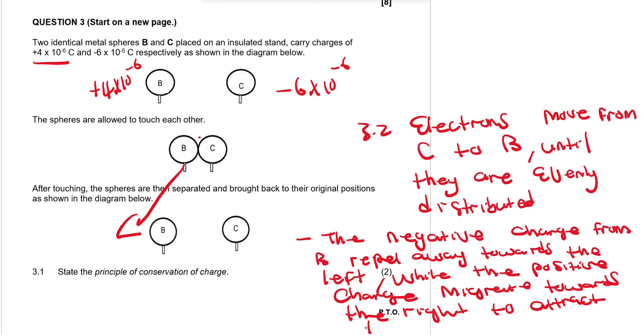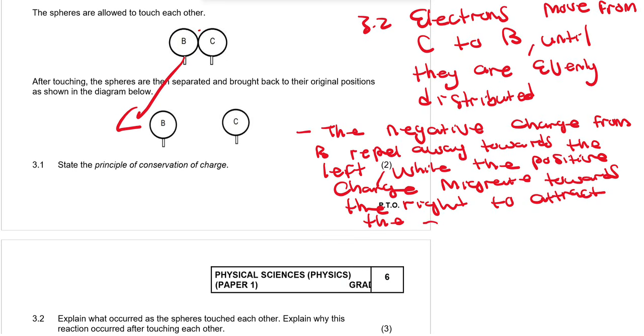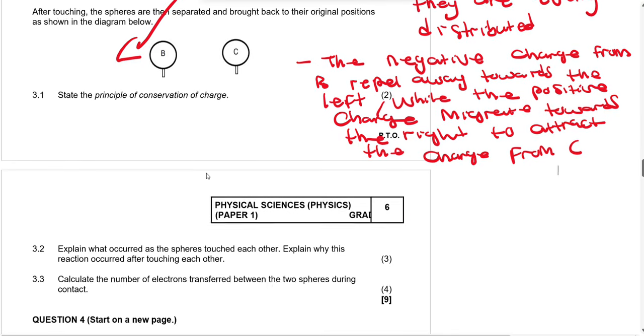To attract the negative charge from what? From C. That's it. That's why they touch each other. Then this is the reason why they separate after touching. Okay, I hope you got it.